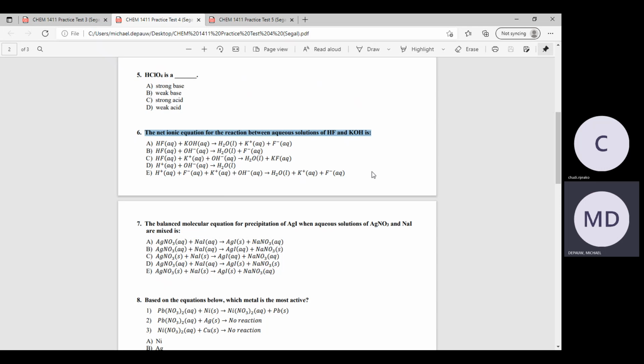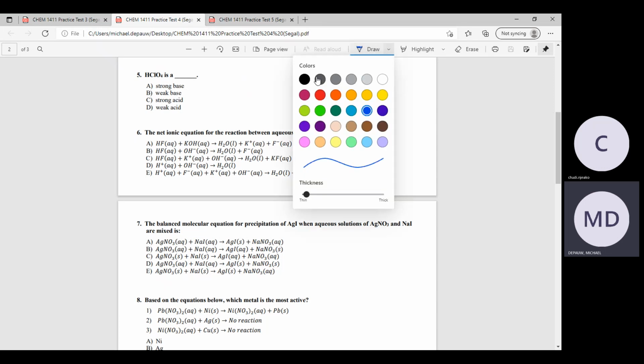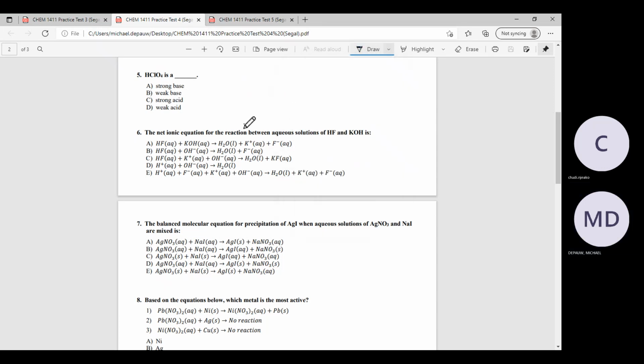So in a case like this, the first thing you'd want to do is go ahead and write the reaction and predict the products.